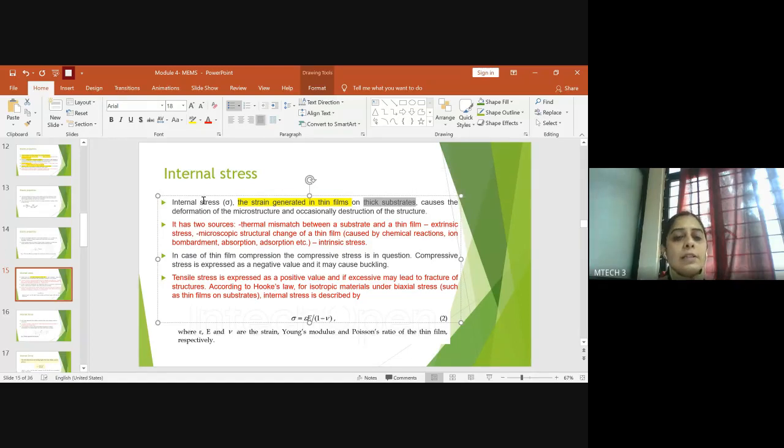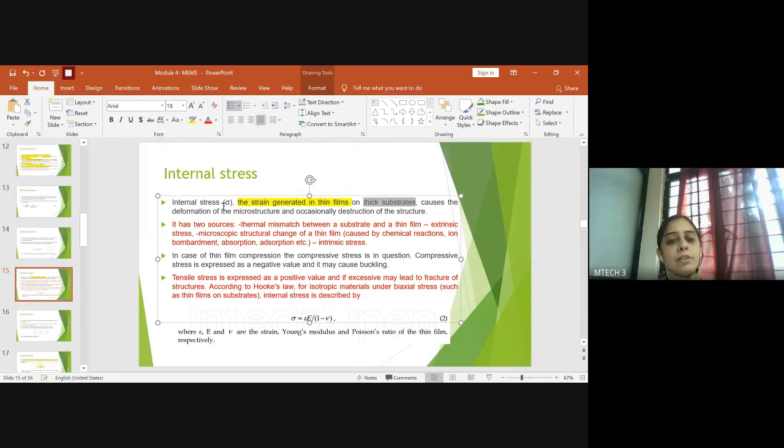So this internal stress usually measures the strain generated in the thin films. If it is a macro device, then it comes under thick substrates. If it is a micro device, then it is only thin films. So you should be aware of when to use thin films and when to use thick substrates, right?